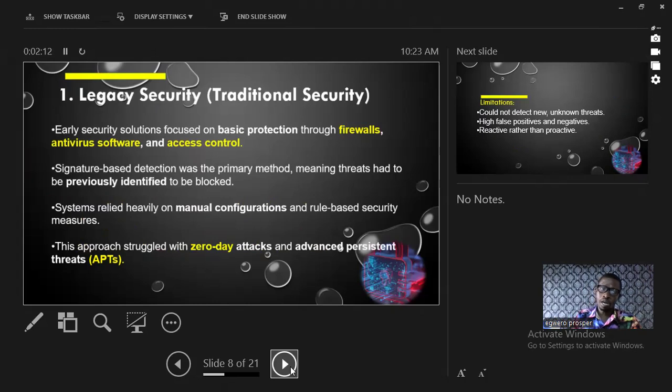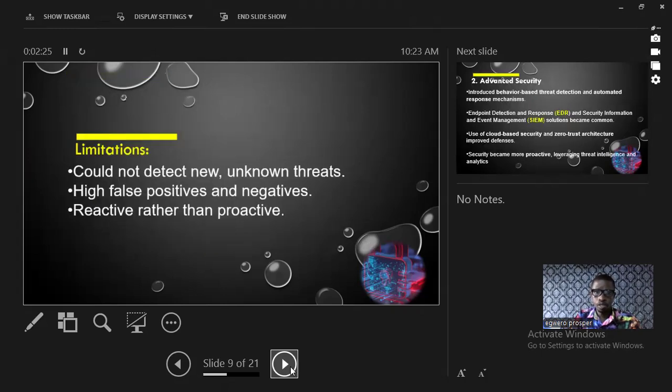And we also took our time to highlight the kind of technology each of these stages of cybersecurity used. And then we also looked at the limitations.